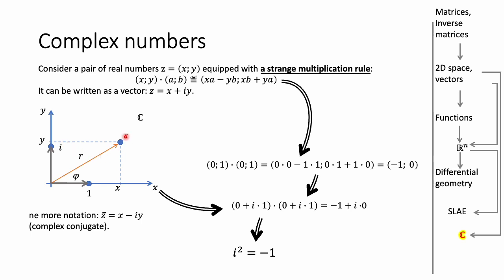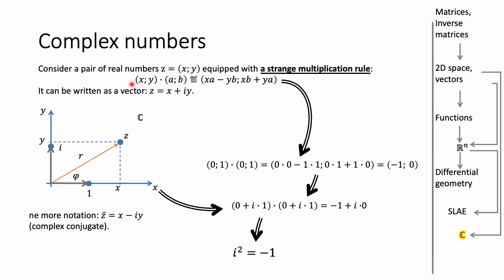This number, the complex number z, has two components x and y, which is the projection of the representing point of this number onto the corresponding axis. And also it has two other characteristics, namely its polar coordinates, introduced just the same way as we already introduced polar coordinates some slides ago. It has the length of its radius vector, r, and phi, which is the angle between the radius vector and the horizontal axis.